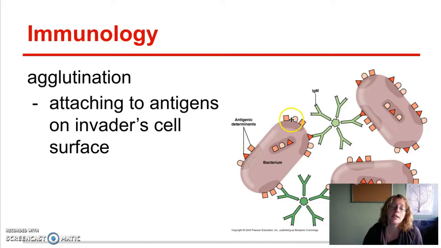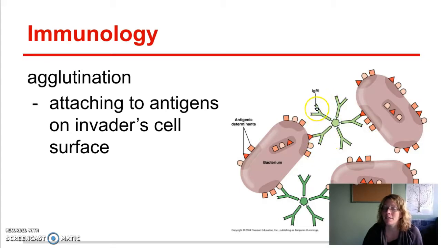So these antigens are kind of a warning system. They let our body know that a foreign invader has shown up, and our body is going to learn how to make antibodies for these foreign invaders.